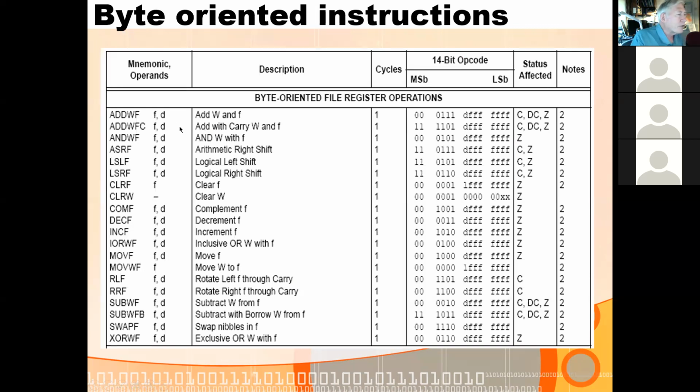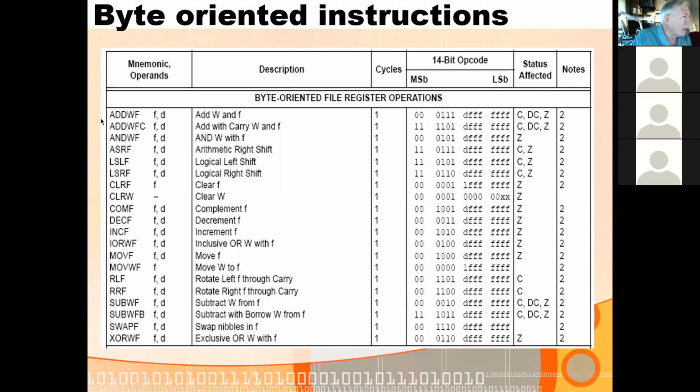All right, here's how this works. This first operand is an F, and all of them have it except for the clear W, which makes sense because clear W is going to clear the working register, and you know where that is. You don't have to specify it. But every other one of these instructions, you have to tell it what special function register or what memory location you want to operate on for that instruction.